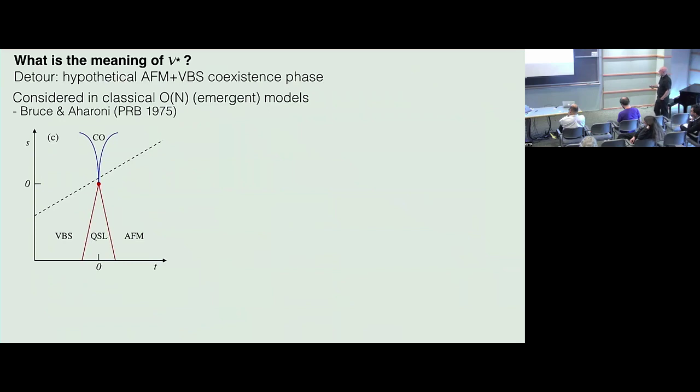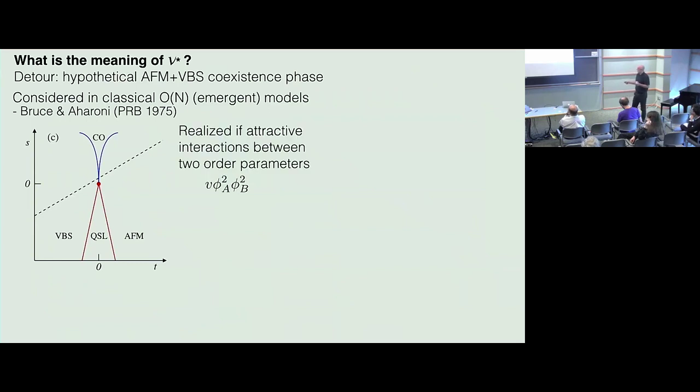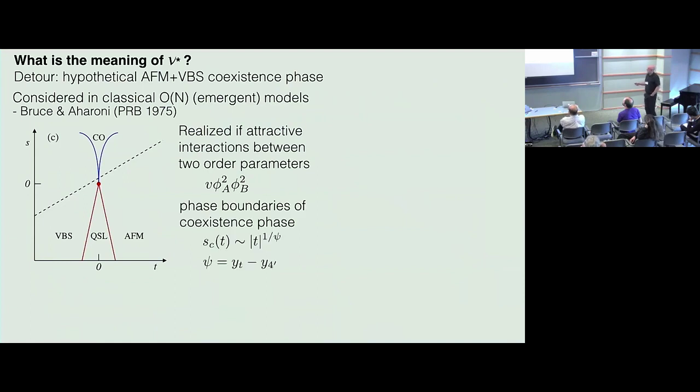If you have two order parameters and they have some effective interactions in the Landau theory, and that interaction is attractive, then you get a coexistence phase. What was calculated in this old paper is basically the shape of these phase boundaries to the coexisting ordered phase. And yeah.